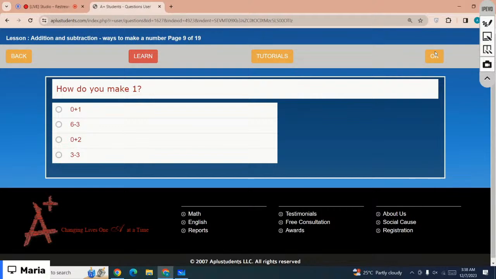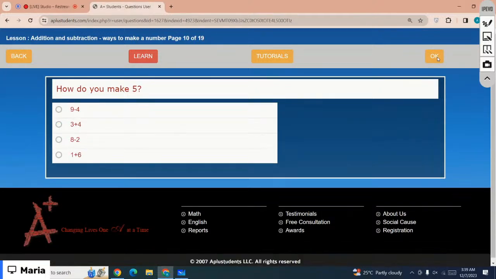Which is the correct option? Yes, the only option that makes 1 is 0 plus 1 equals 1. Option 1 is the correct option, right?